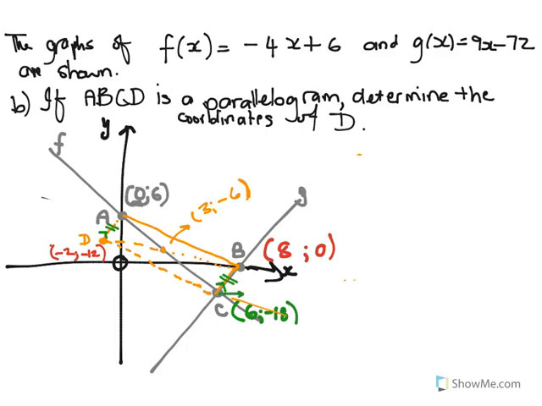how much we rise and run to get from C to B, then the same would have to be true to get from D to A, or maybe the easier way here, because D is the unknown, is to go from B to C, I'll have to rise and run like that. And so to go from A to D, I'd also have to rise and run the same way.